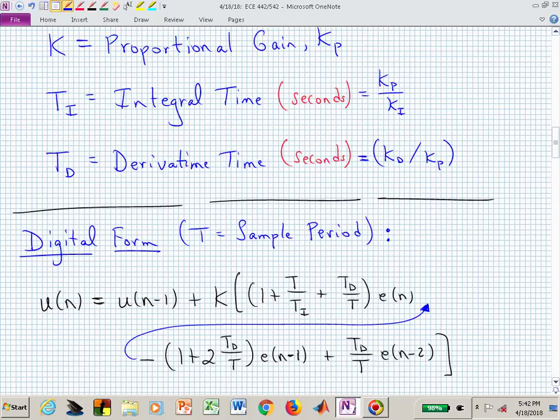What's really going on in this PID controller? U is the input to the plant, and now you've sampled that, and you've also sampled the error signal. How many memory locations do you have to use to store the error signal in memory?